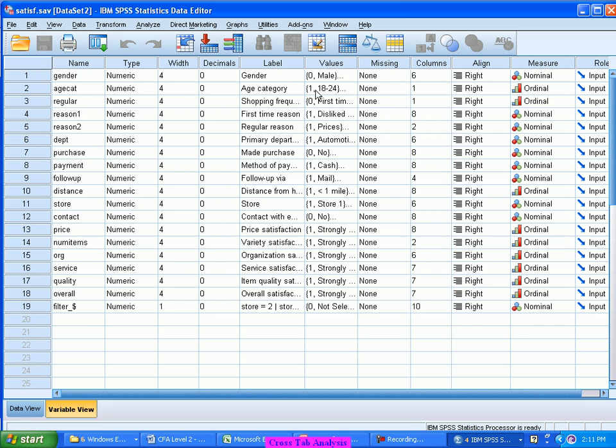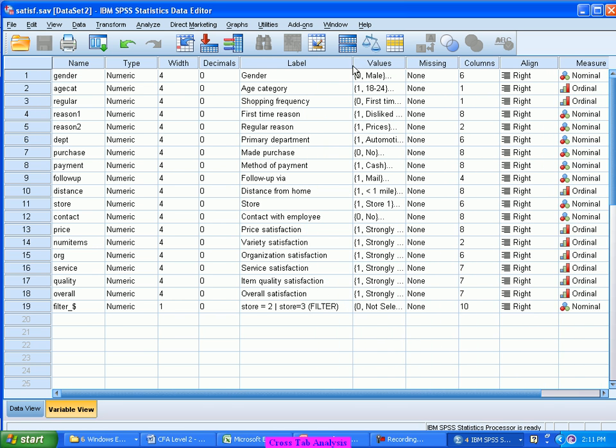Again, here this is more about store data, the satisfaction levels, how many times they visit the store. Are they satisfied with the price, variety, organization, service, all this stuff.